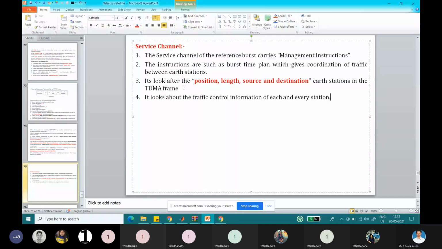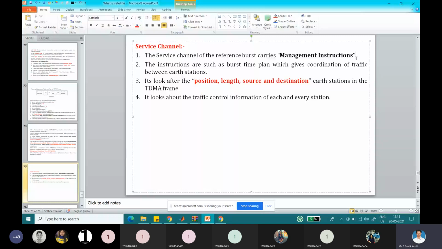So the service channel of the reference burst carries the management instructions. Management instructions are nothing but the instructions that are given by the provider to the earth station on how to work with the data.